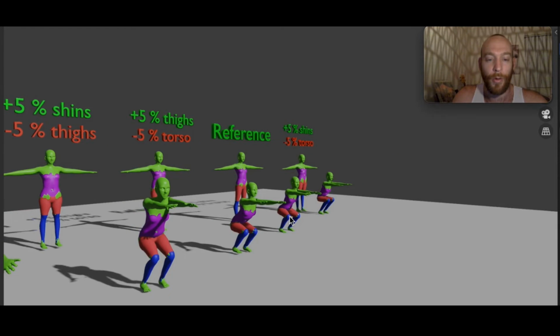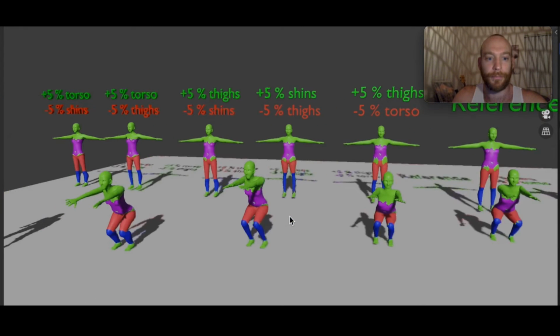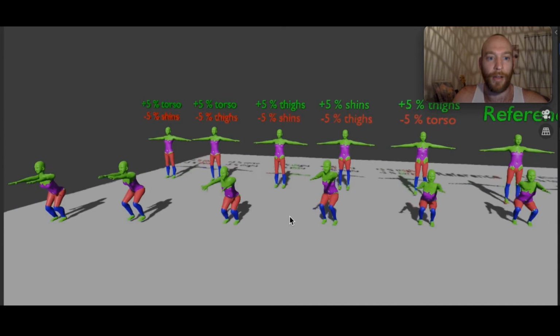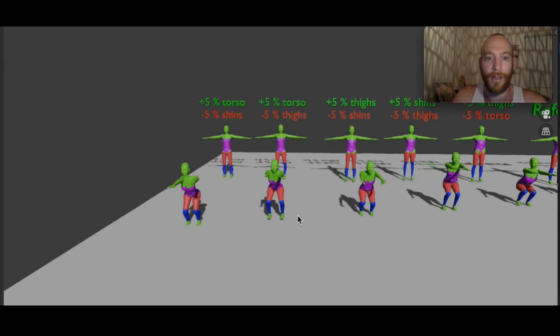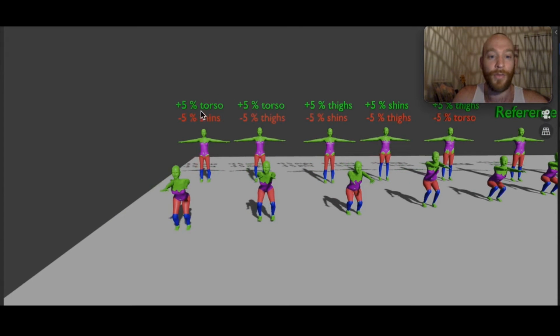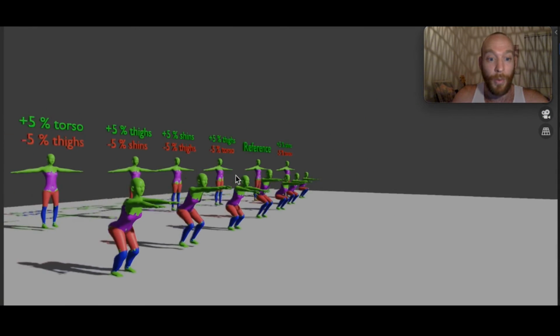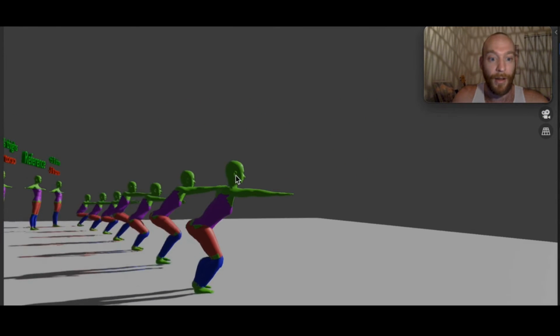But let's look at who's the worst. So if I look all the way to the left of this line, we see +5 torso and -5 shins. Interestingly enough, +5 torso and -5 thighs is also the next one in the line. So our 2 plus torsos actually are the worst squatters.